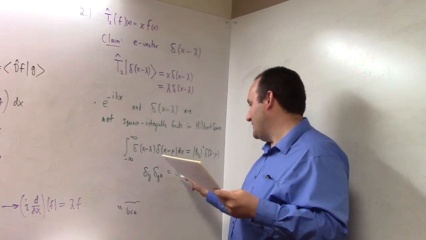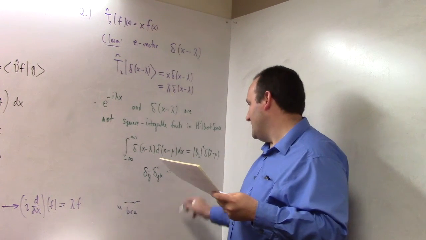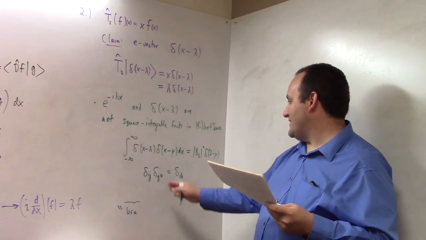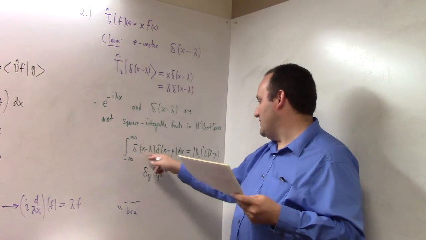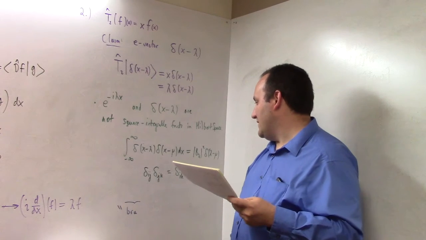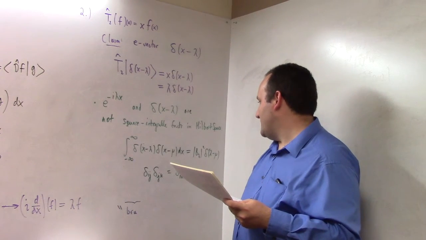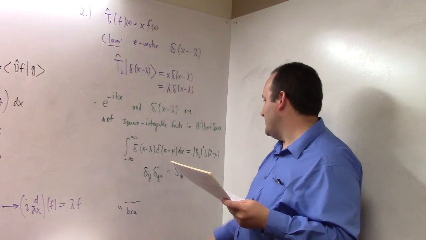So if you think about it for a second, I would kind of expect j to be playing the role of x here. So I was expecting it just to be like lambda minus mu over there, but whatever.